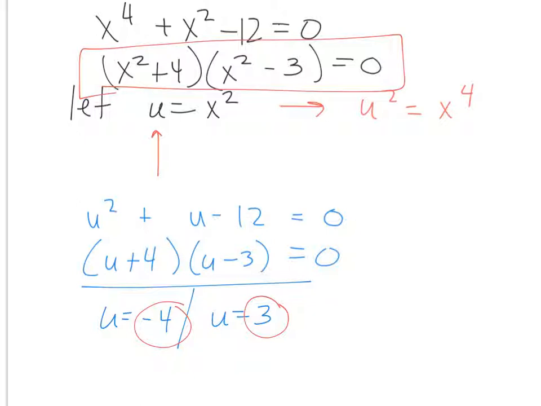Go ahead and solve this one at the top. You're going to have x squared plus 4, set it equal to 0 and solve. Set x squared minus 3 equal to 0 and solve. That works. Or take these answers we got a moment ago and plug them in here for you.